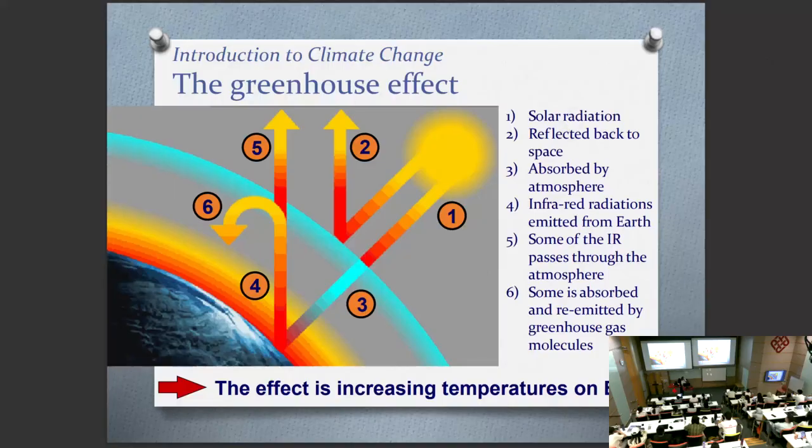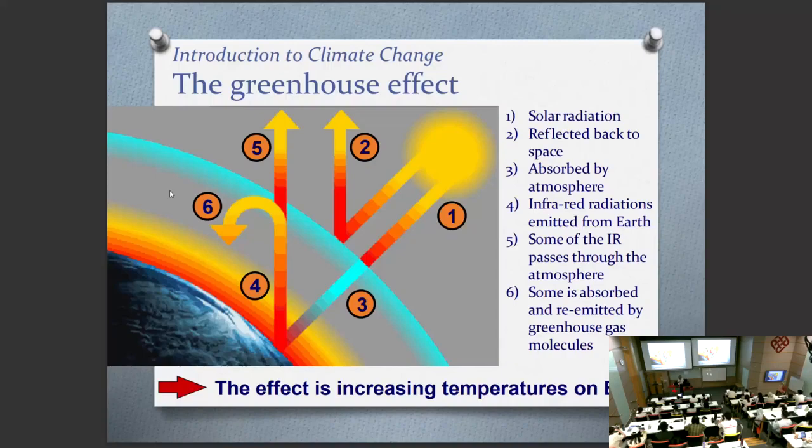Some of the solar radiation would be reflected from the atmosphere, and some would be absorbed by the atmosphere. The infrared radiation will also be further reflected from the Earth's surface, and then some passes through the atmosphere, some being absorbed and re-emitted by the greenhouse gas molecules. So this is what happens in the atmosphere, and we need the natural greenhouse gases to warm the atmosphere.